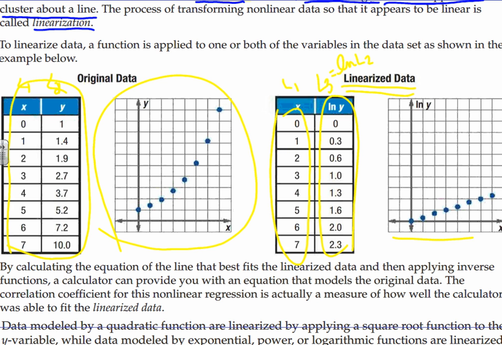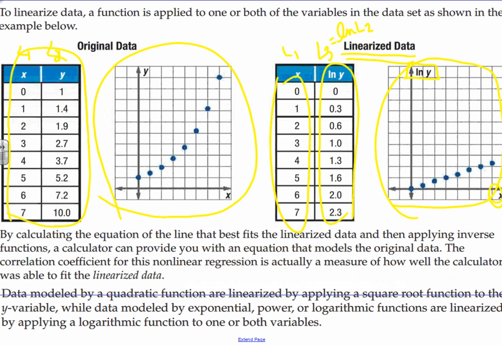Then when you graph it anew, notice that this is x, but this is the ln of y, it looks very linear. Do you agree that a line would match there? Then we're going to find the linear regression equation, and we're going to learn something new, and that is calling our changed y value y hat.